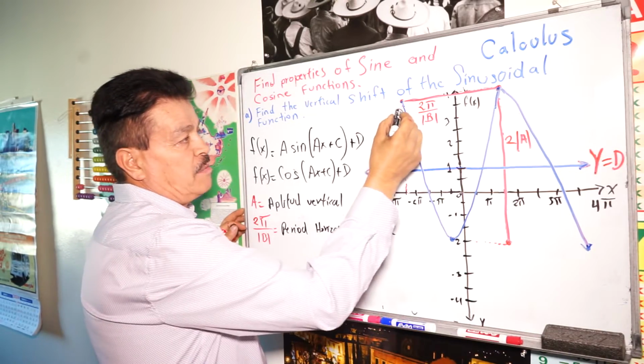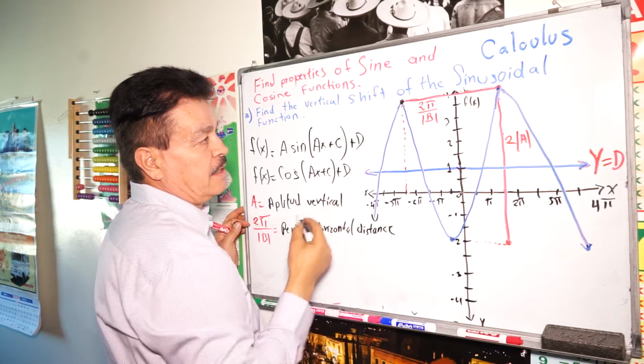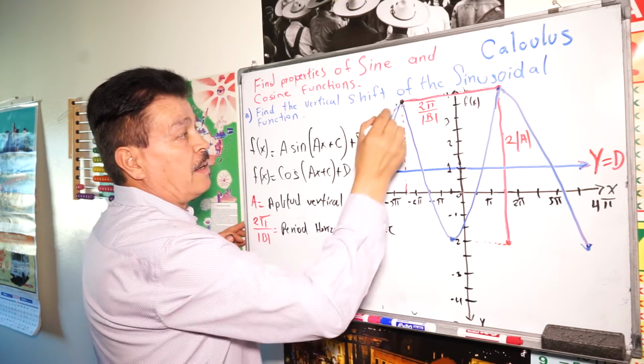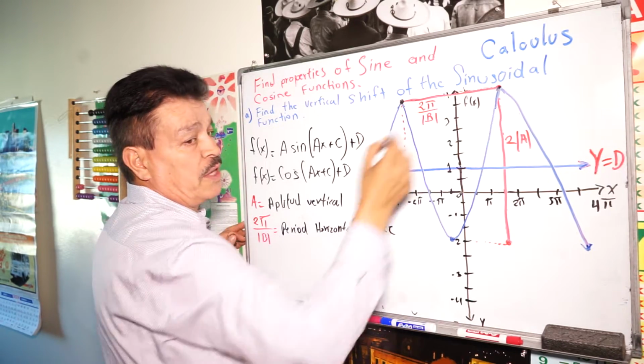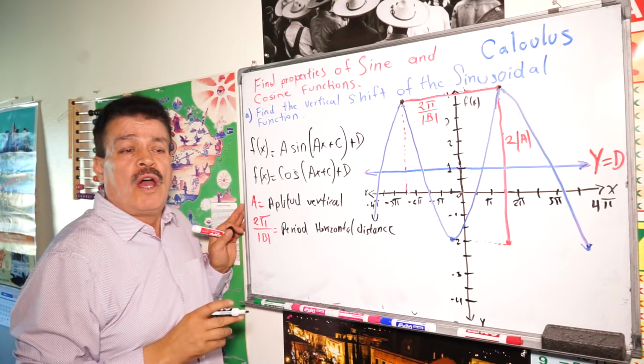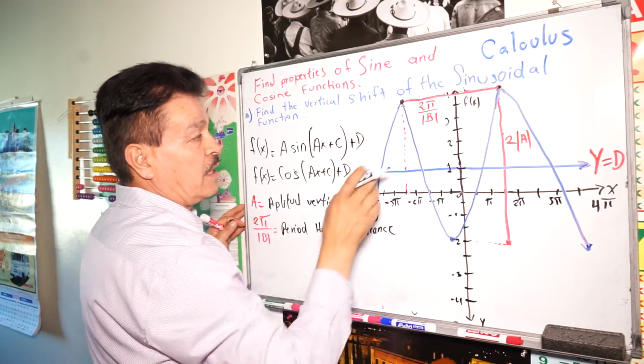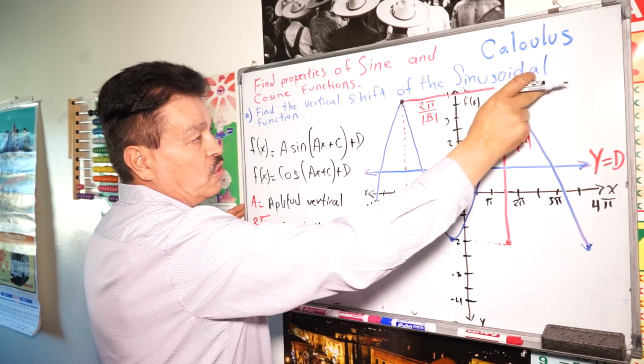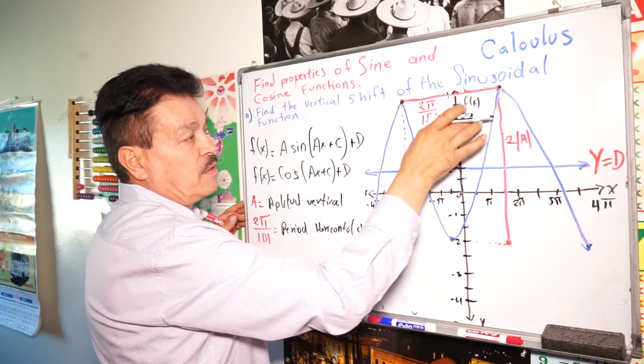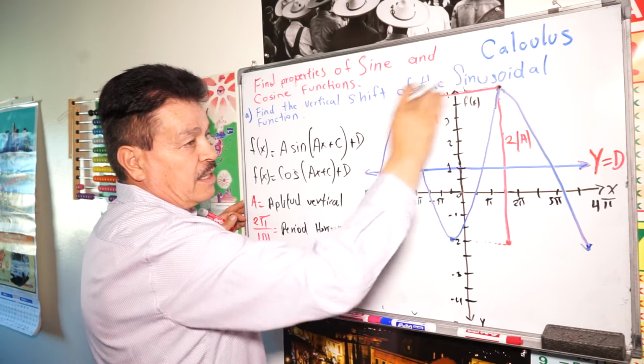Horizontal distance, and this means, for example, here we have the distance between two continuous maximums. This is the distance of two continuous maximums. In this graph we see this distance right here.